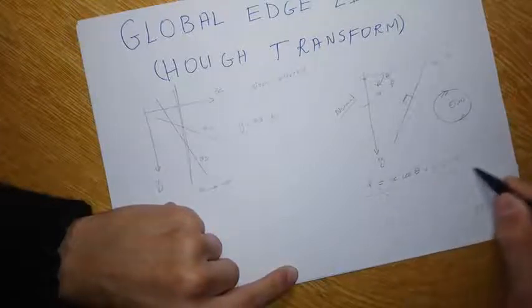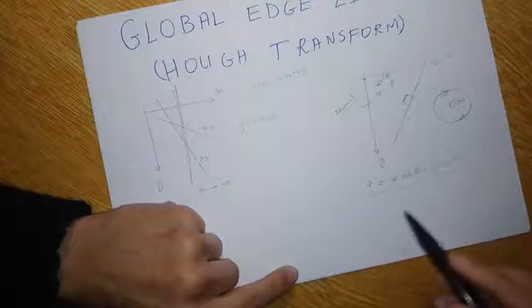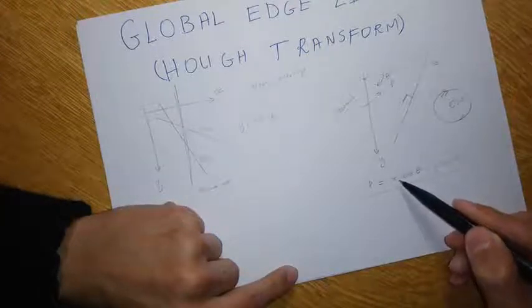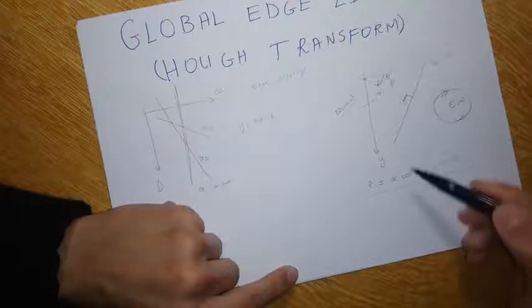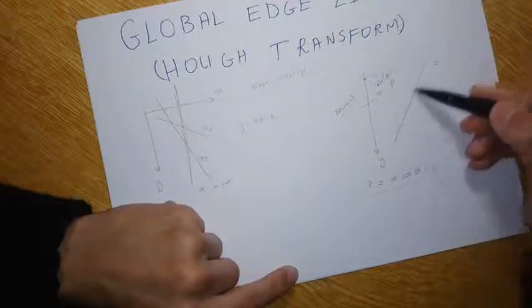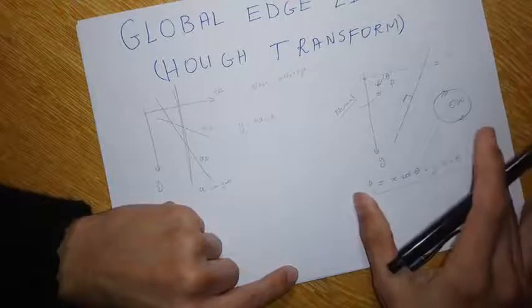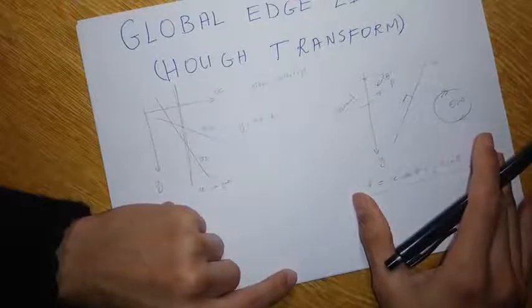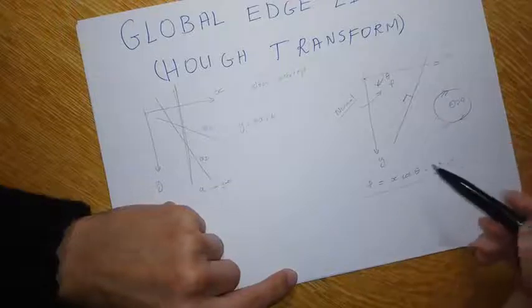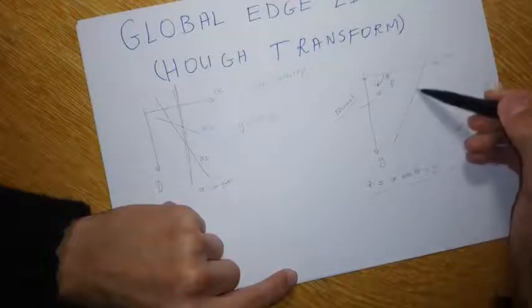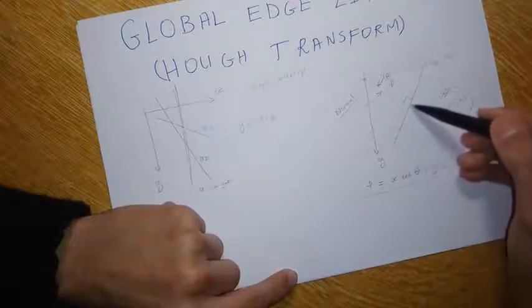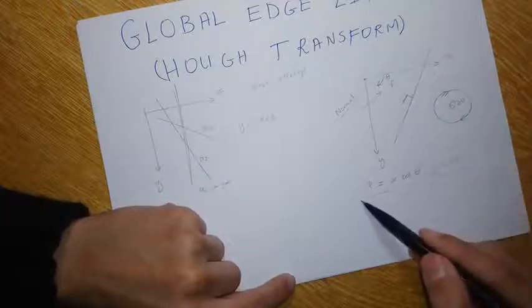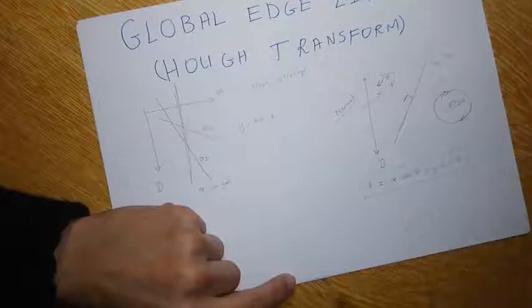What this means is that all the points that have the coordinates x and y along that line satisfy this equation. I'm going to repeat that again. All the points along this line that have coordinates x and y satisfy this equation.